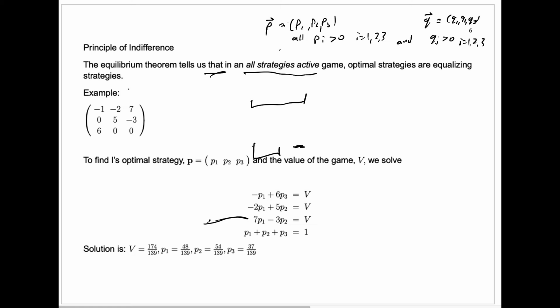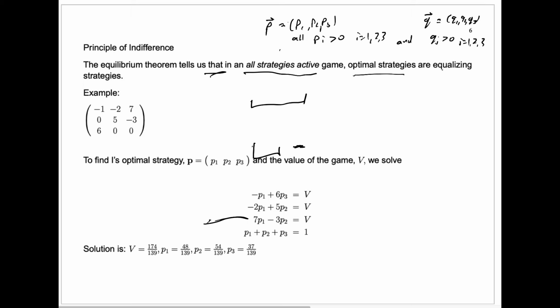So when there's an all strategies active game, then these optimal strategies are in fact equalizing strategies. Because since all probabilities are positive here, the equilibrium theorem tells us the expected return for each player, regardless of the other player's choice, will be exactly the value of the game v.